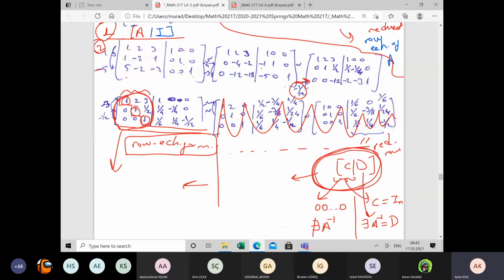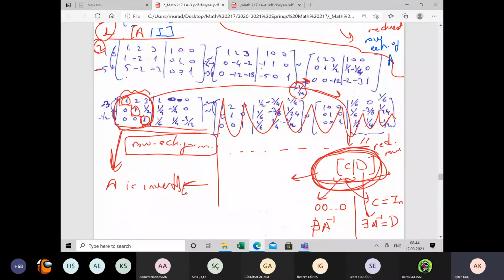So there is no zero row, and it's not possible to get a zero row in the last step. So we can say that our matrix A is invertible, and it means that the inverse exists.